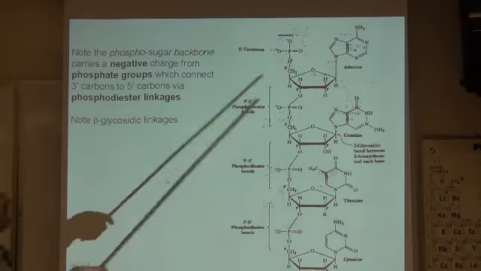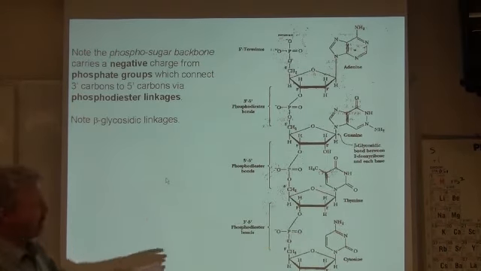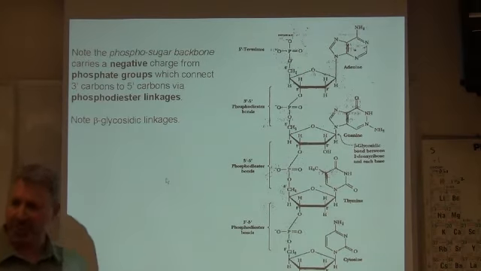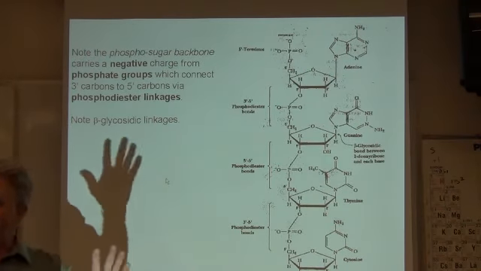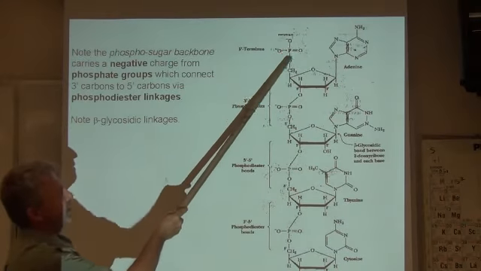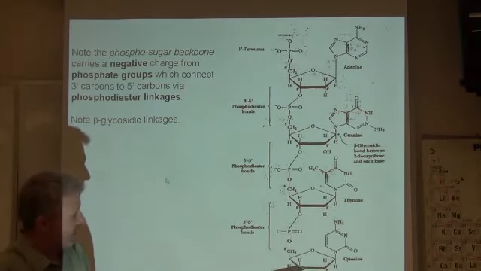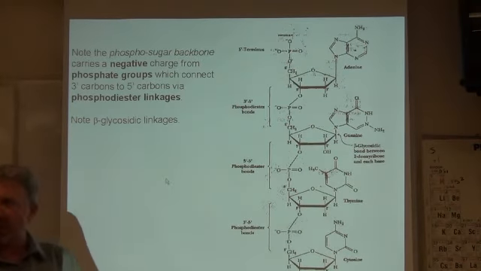Okay? Now, here's a little segment of a nucleic acid. And no matter how many of these you put together, whenever it stops, you're going to have one end where the 5' phosphate is open. And you're going to have another end, which we can't see here, that has a 3' OH.